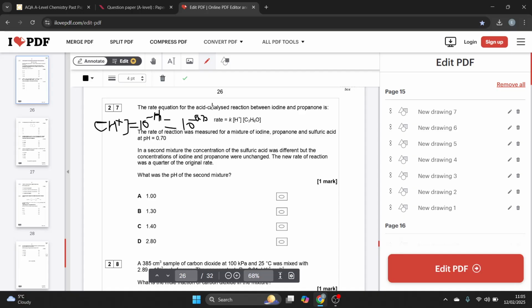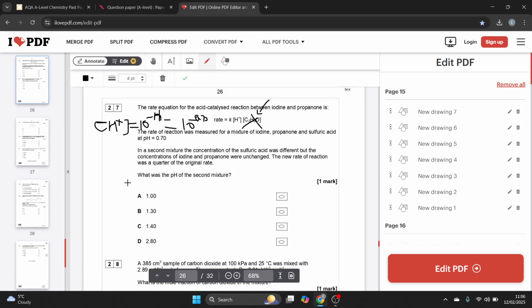Because I know that the concentrations of iodine and propanone are unchanged. I don't care about iodine, right? Propanone was unchanged, and that's in the rate equation, so that's basically being removed. Well, that's just going to be k, right? So therefore, rate is equal to k times the concentration of H plus ions. So if the rate was a quarter of the original rate, what happens to the concentration of H plus ions?